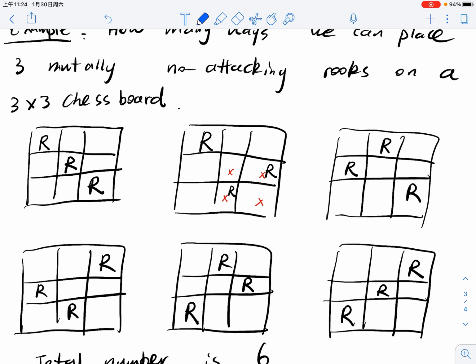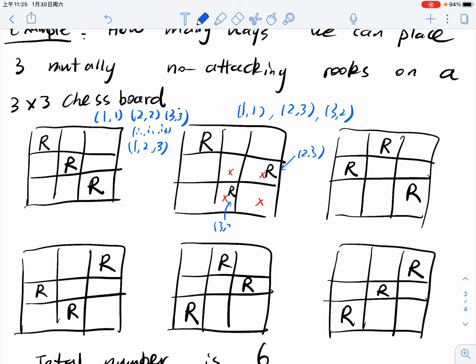So we can verify it for the above 6 configurations when n is 3. For the first picture, the rooks have coordinates 1,1; 2,2; 3,3. So i1, i2, i3 is 1, 2, 3. For the second picture, you have 1,1; 2,3; and 3,2. Therefore, the permutation is 1, 3, 2.